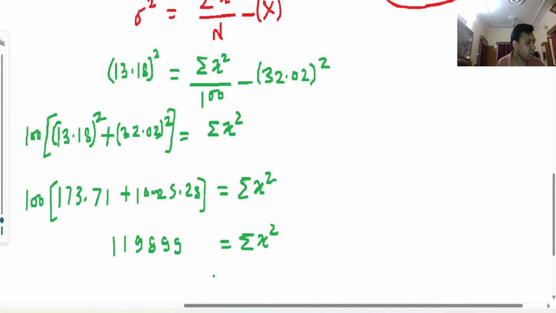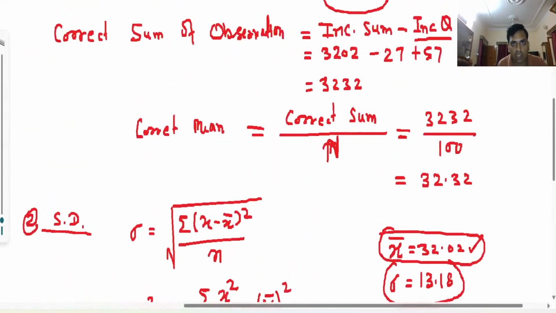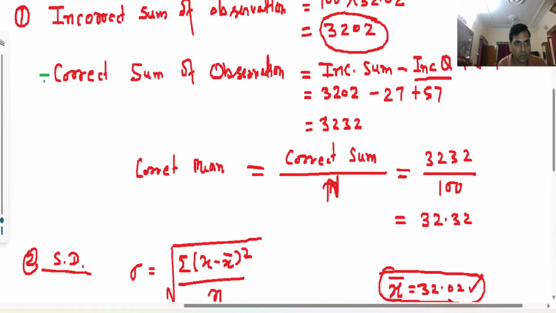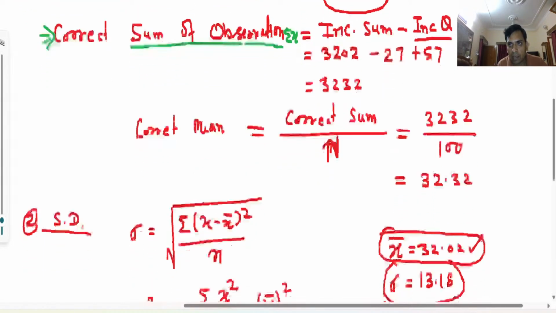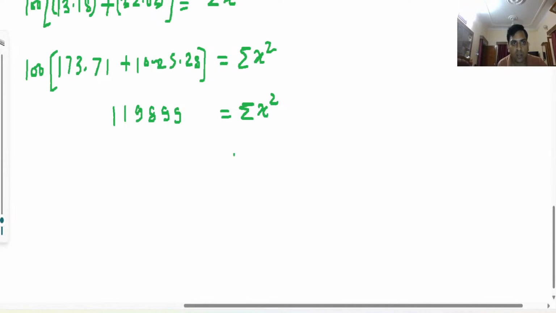Now we will find correct sum of squares. So to find correct sum of square, we will follow this same methodology which we have used in this part. In that case, this was only sum of observation, meaning we were finding summation x. So we will use the same formula, incorrect sum of square, correct sum of square. So to find correct sum of square, I am writing with this red color.